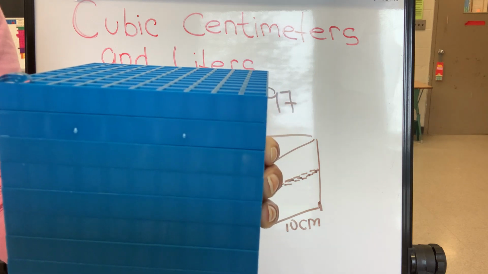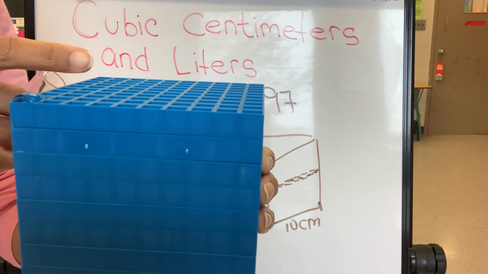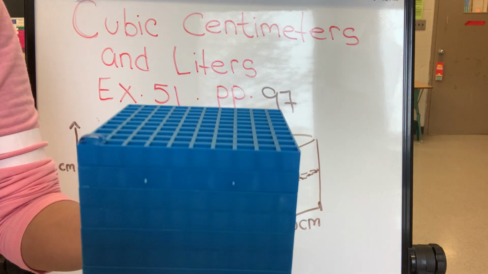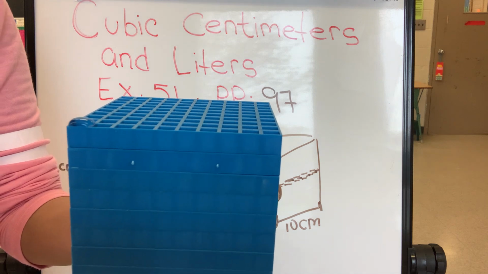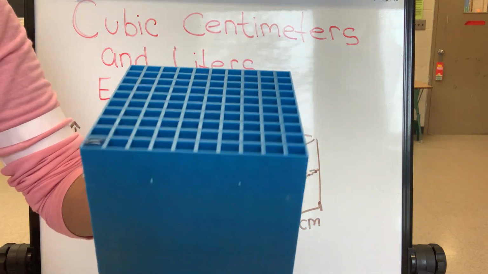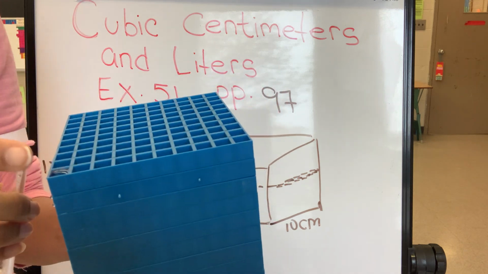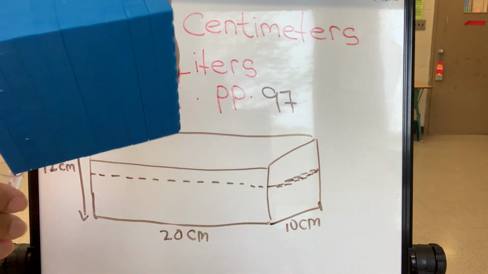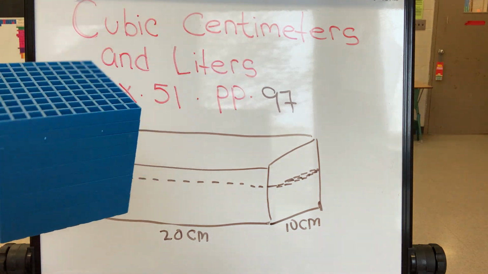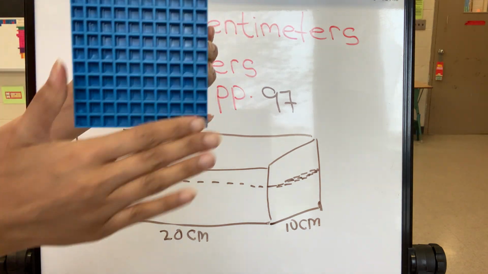So that means each of these cubes can hold 1 milliliter of water. Okay, did you see? I'm going to pour it back in here. So it holds 1 milliliter of water. And pour it back out and I'll show you something. Okay, now look, these are 100.